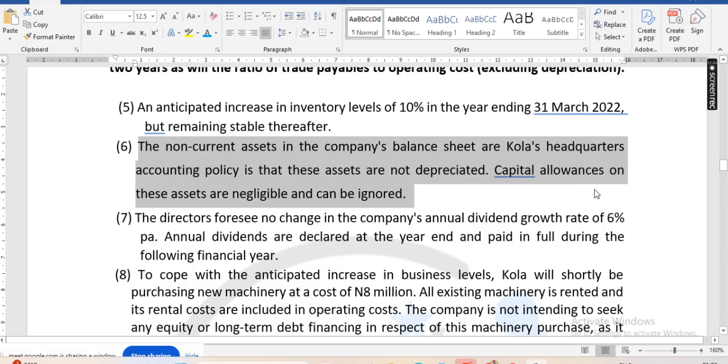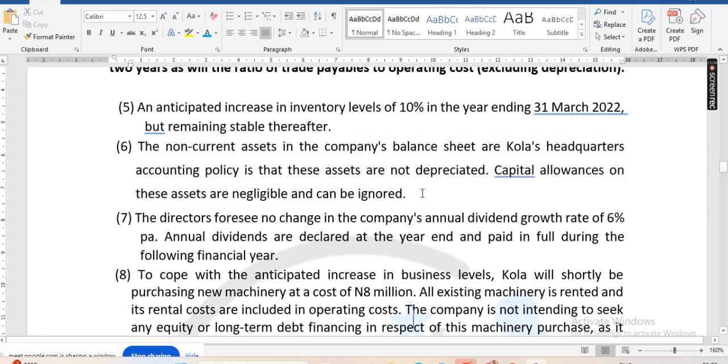Capital allowance on these assets is negligible and can be ignored.